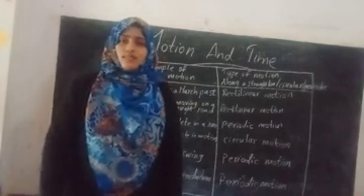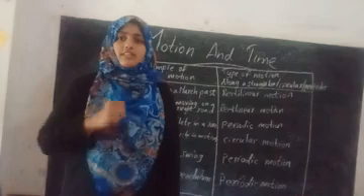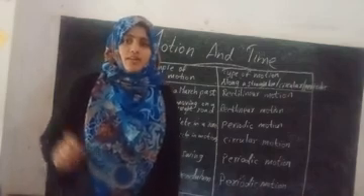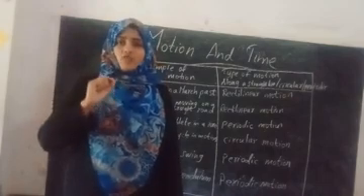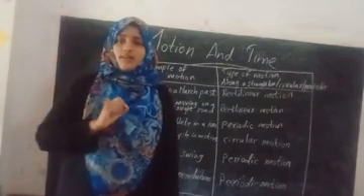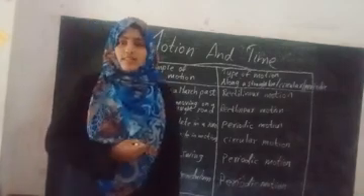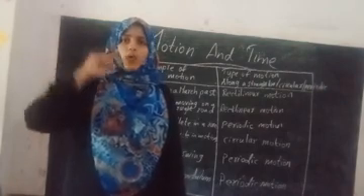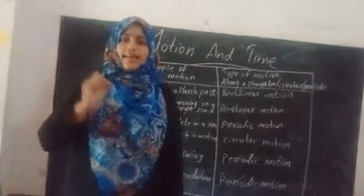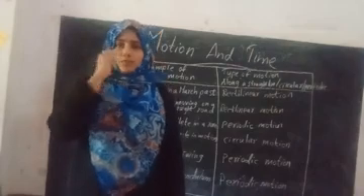Now, an example for rectilinear motion. The motion taking place in a straight line is called rectilinear motion. March past of soldiers or moving of cars or vehicles on a straight road are all examples of rectilinear motion.